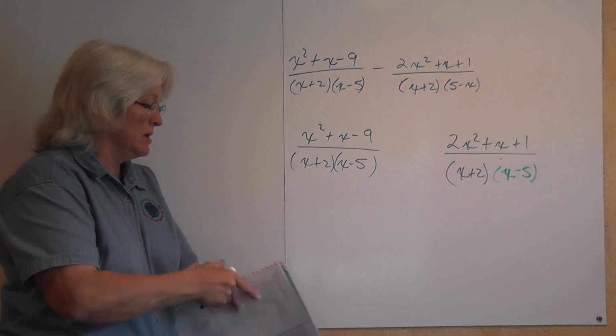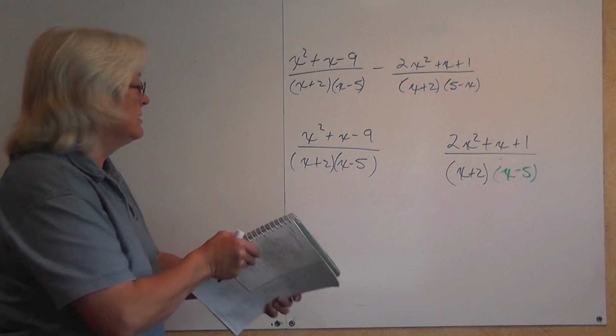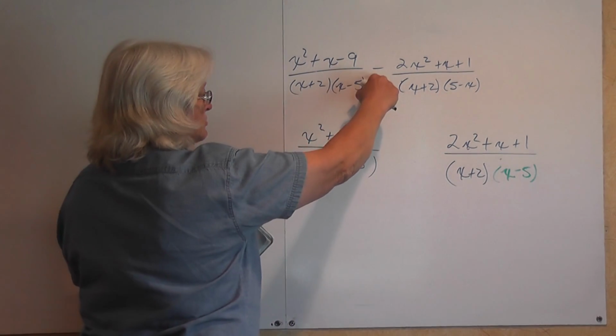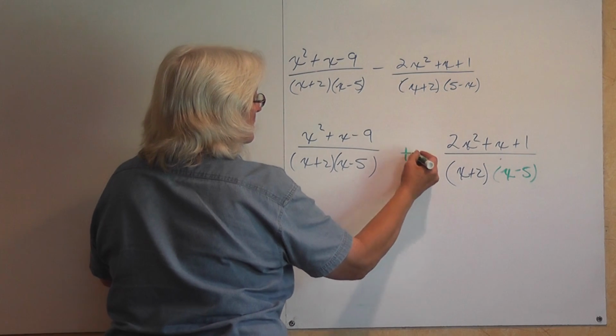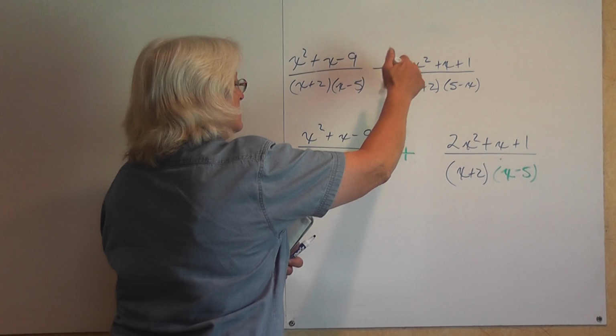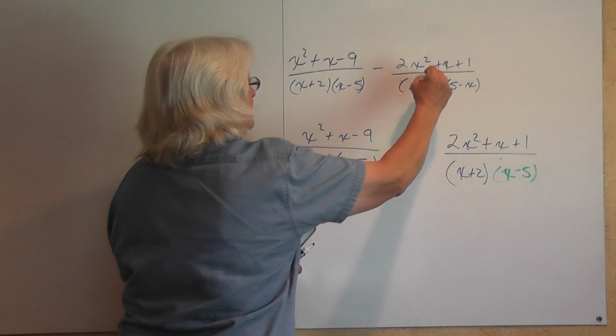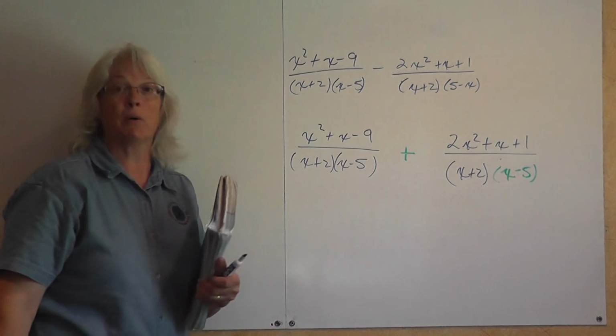So what you do is you compensate by changing to the opposite operation. Subtraction is the same as adding the opposite. This is what you're doing. Subtraction, 5 minus x, we add the opposite.